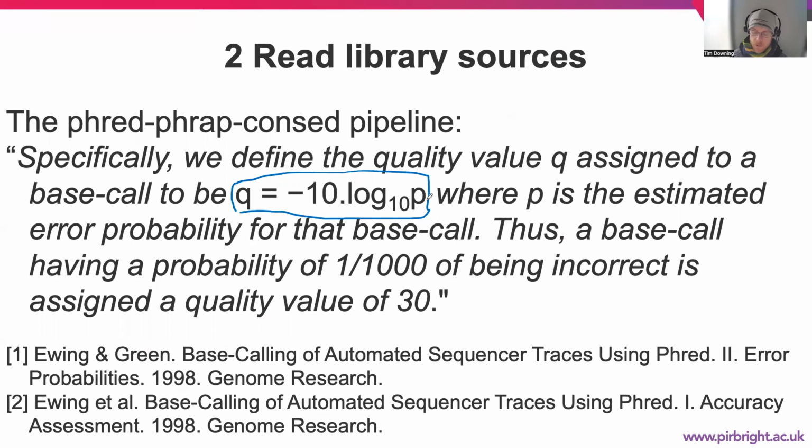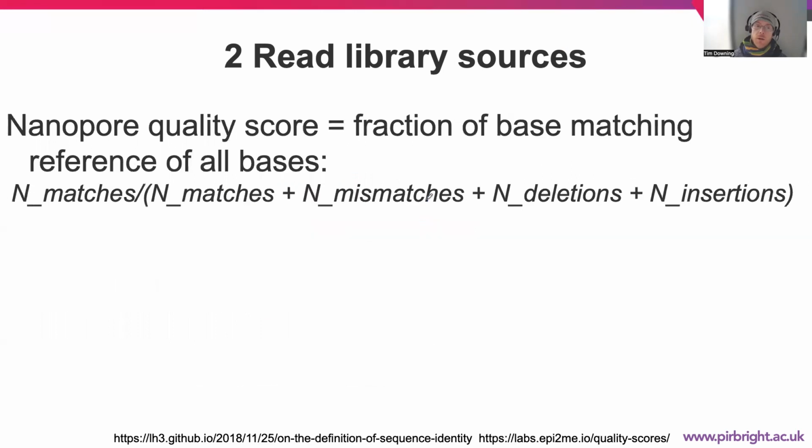For Nanopore data, the score is calculated slightly differently. The fraction of the bases matching the reference of all bases is given by the number of matches divided by all the match types: the number of matches, mismatches, and the number of indels too.